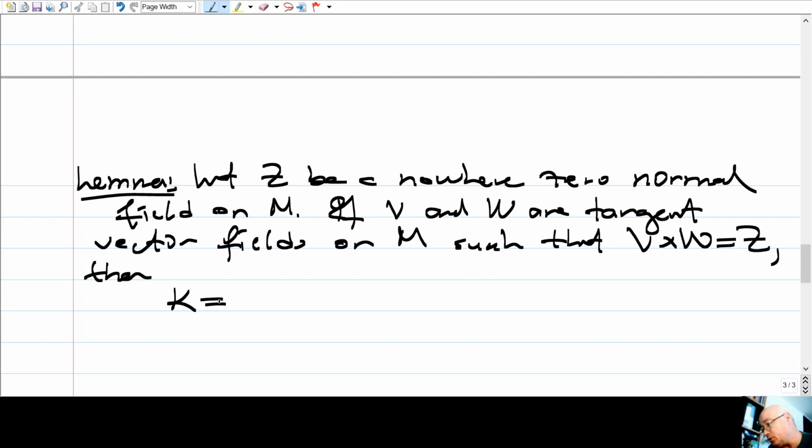The Gaussian curvature is equal to the following expression.